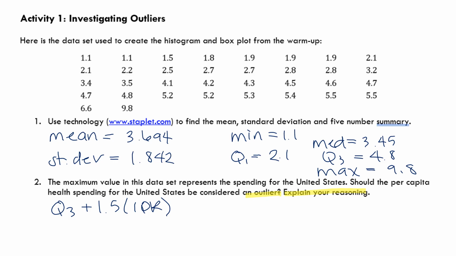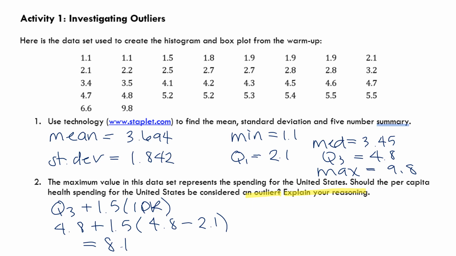So quartile 3 is 4.8 plus 1.5 times the IQR, which would be 4.8 minus 2.1. Now use your PEMDAS, so do 4.8 minus 2.1 first, and you should get 2.7. Multiply that by 1.5, and then add it to 4.8, and you should get 8.1. Now, how can we use that 8.1 to determine if the maximum value is an outlier or not?